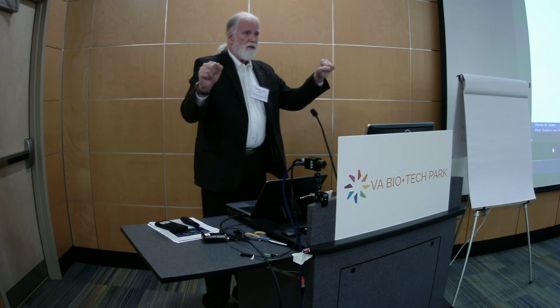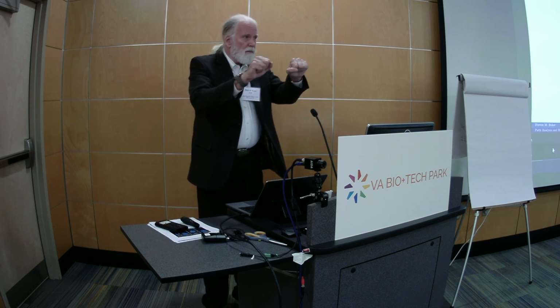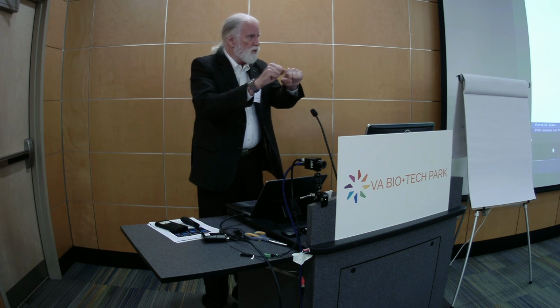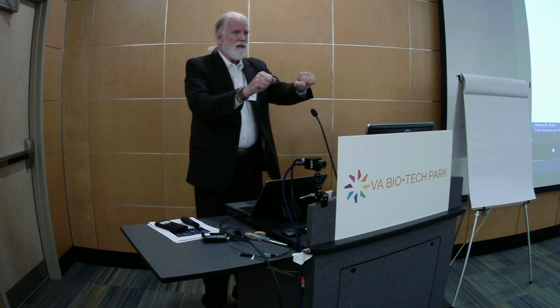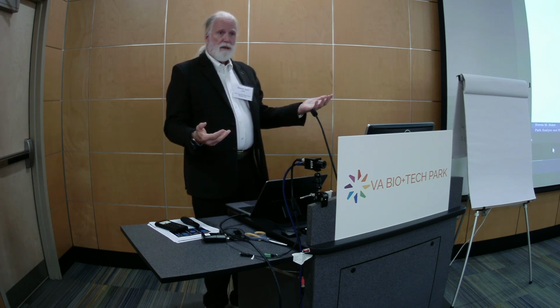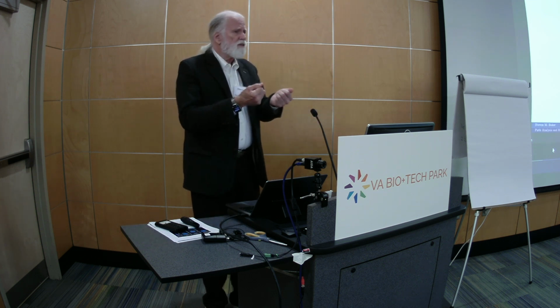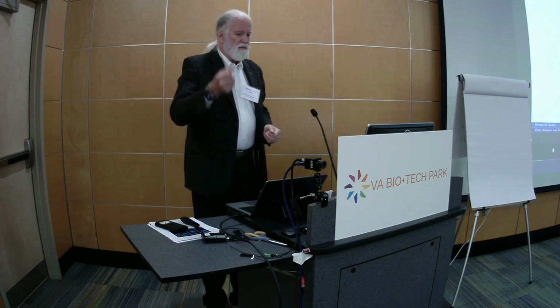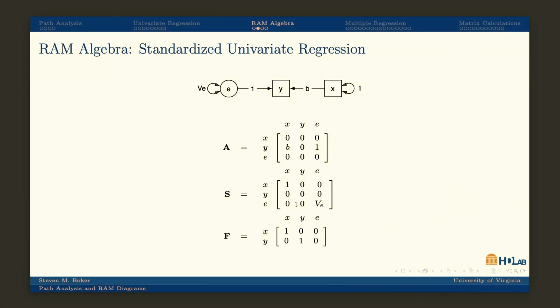When we do minimization, we're minimizing the difference between the model expected covariance matrix and the actual covariance matrix. And that's where your fit function comes in. This is how are we going to do that? The expectation function is, how am I going to create this expected covariance matrix?